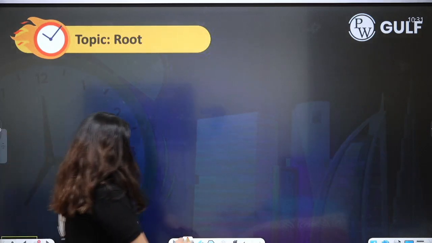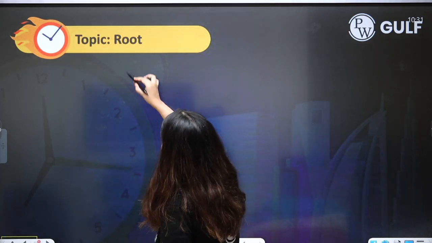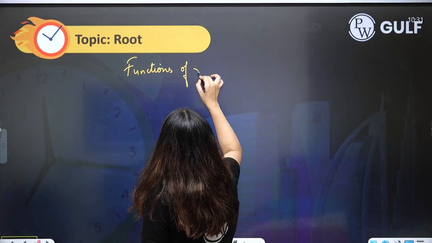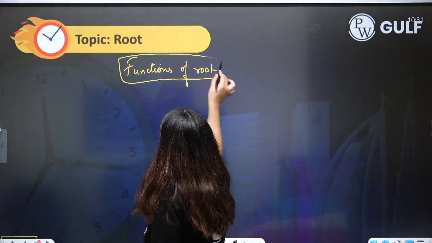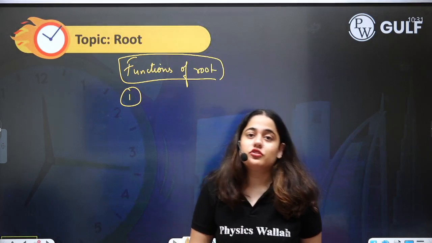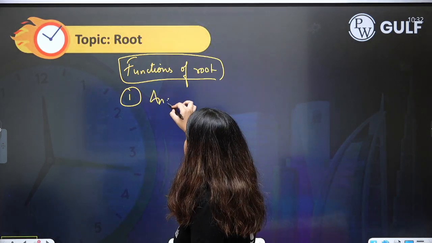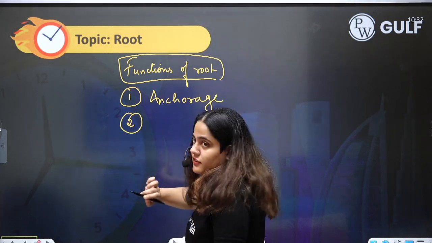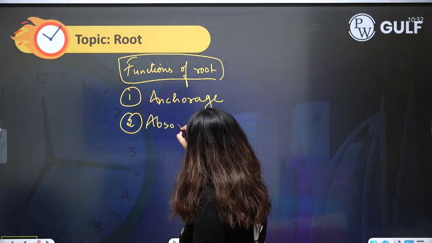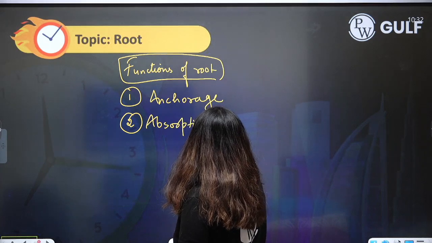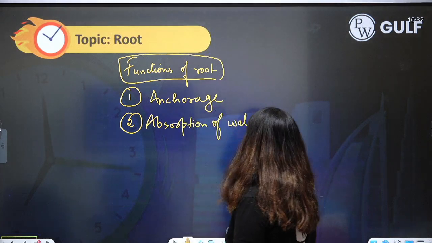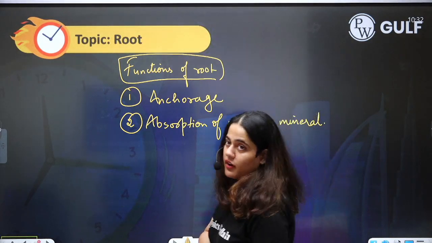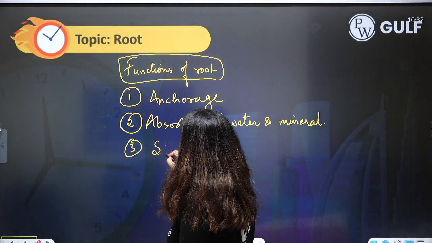Next is functions of root. What are the functions of root, beta? The function of root is to anchor the plant, to attach the plant to the soil, right? Absorption of water and mineral. Yes, they absorb water and mineral from the soil. Storage of food.